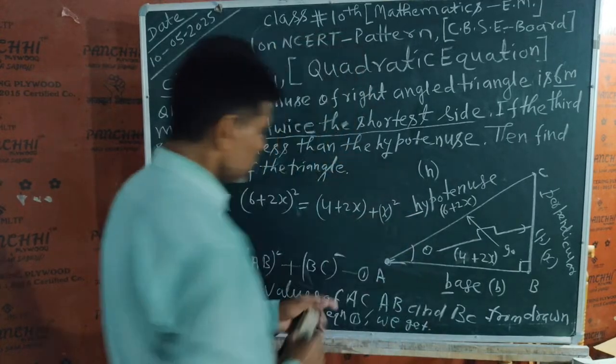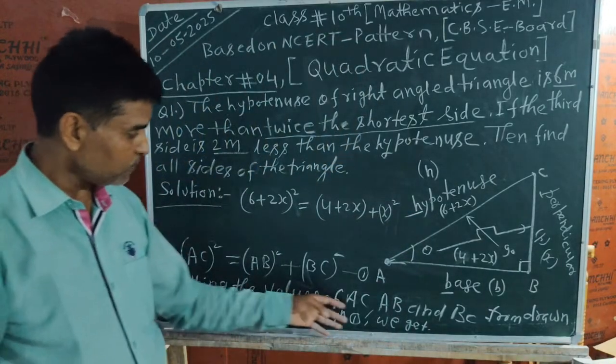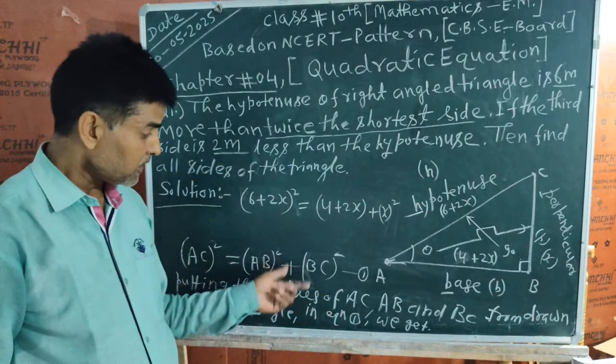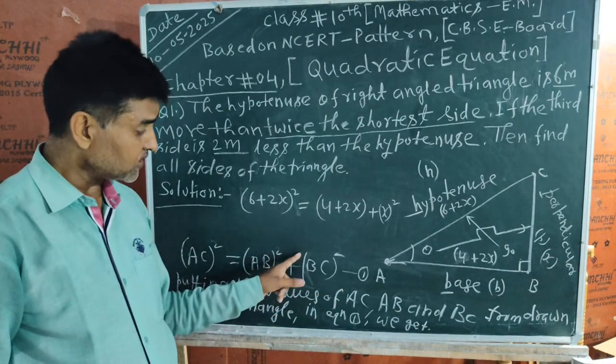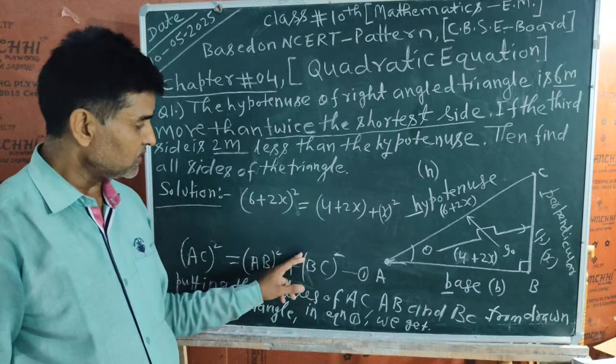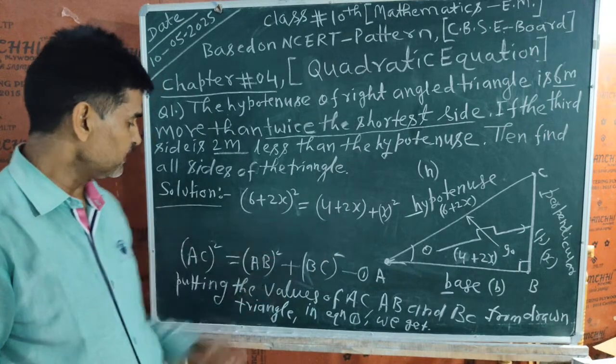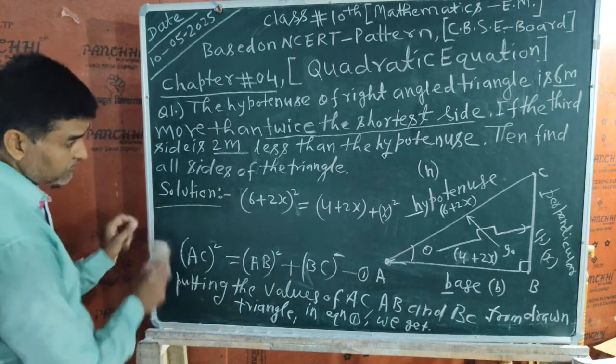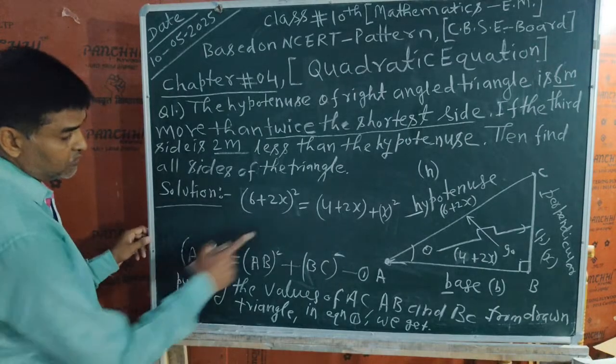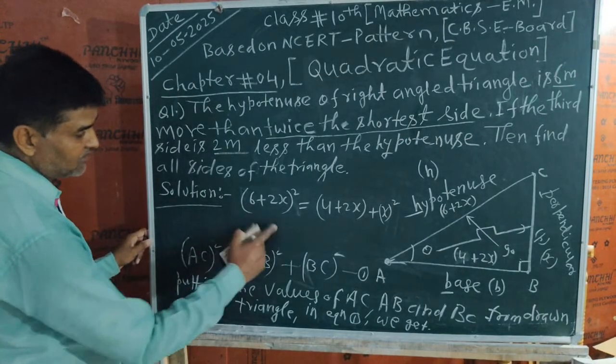So this information I have used in equation number 1, and after using it I have got this one. In other words we can say that this is the identity.